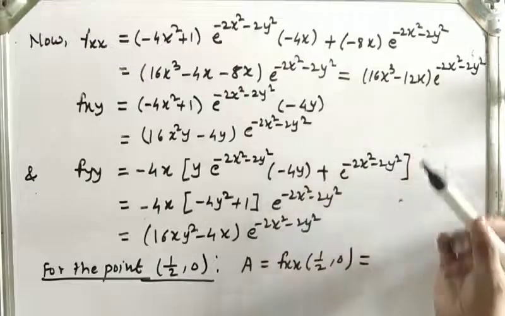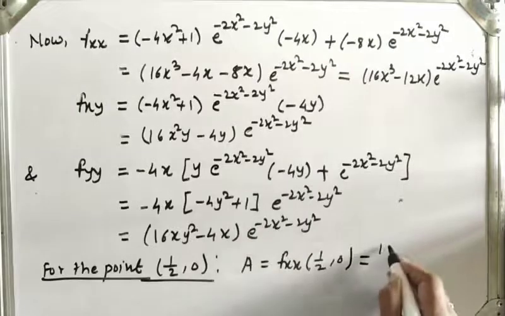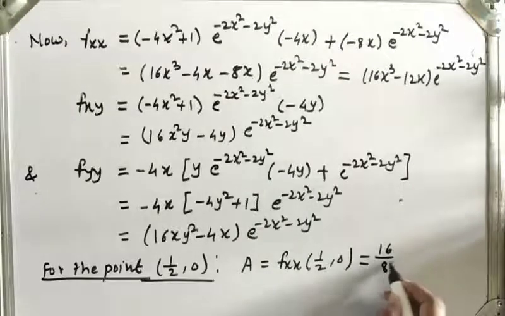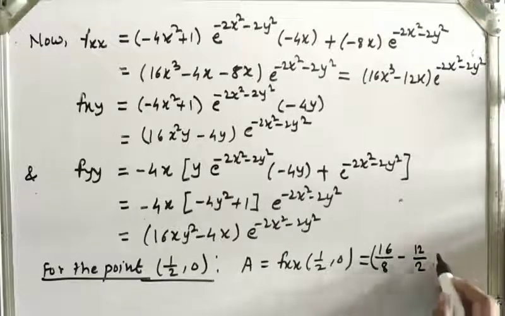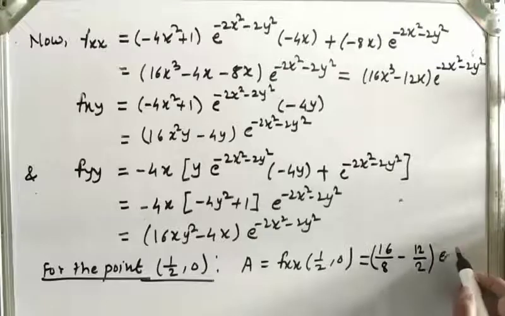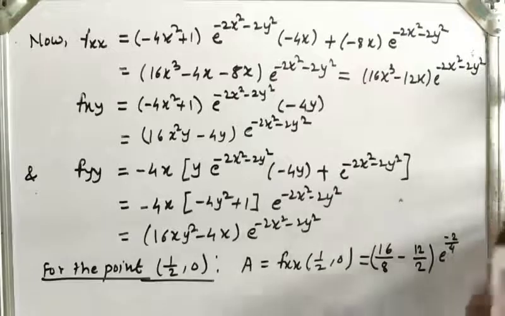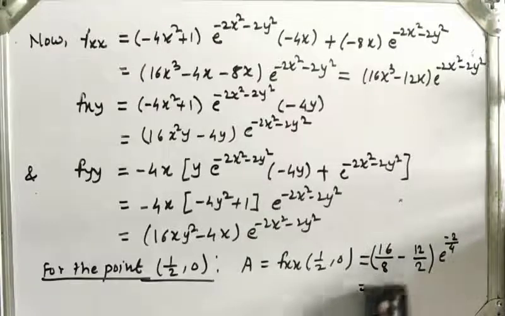So it will be 16 upon 2 cube, that is 16 upon 8, minus 12 into 1 half, that is 12 upon 2, into e raised to minus 2 into x square, that is 4, and minus 2 into 0. So this value will be 2 minus 6, that is minus 4, into e raised to minus half. Minus 4 e raised to minus half is our a.